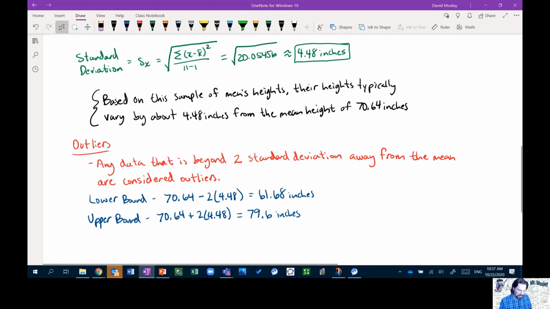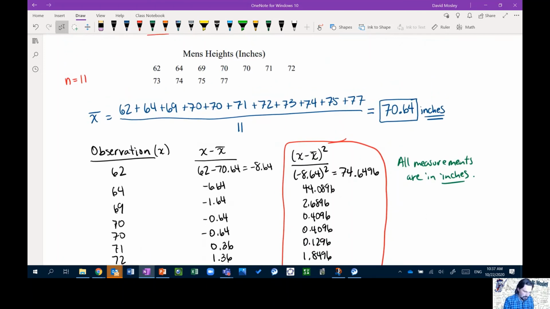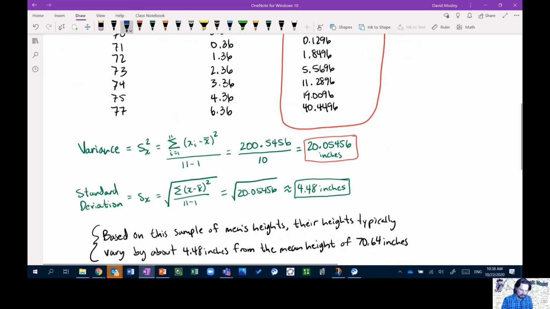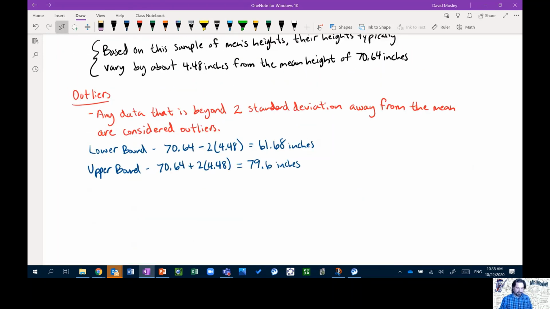If we look back at our data, our minimum was 62, our max was 77. So based on that, we have nothing lower than 61.68, higher than 79.6 inches. So we get no outliers.